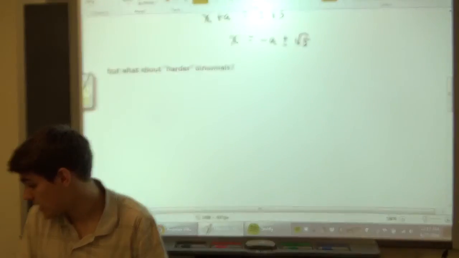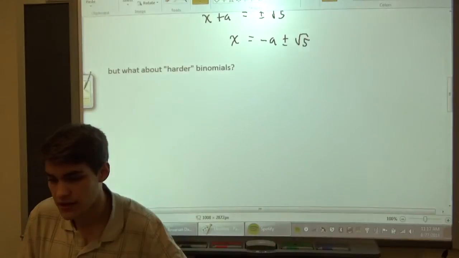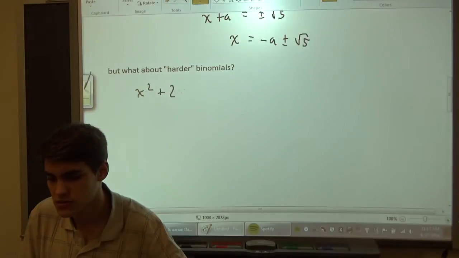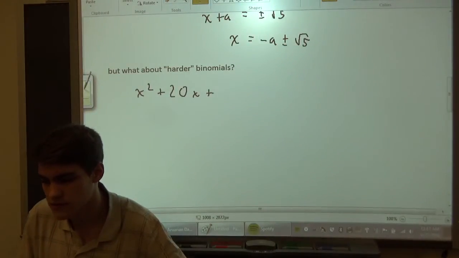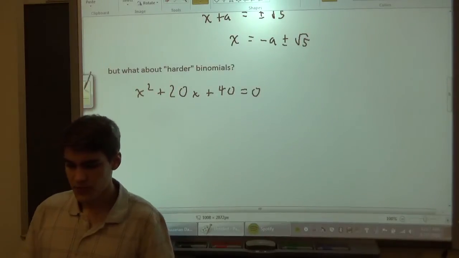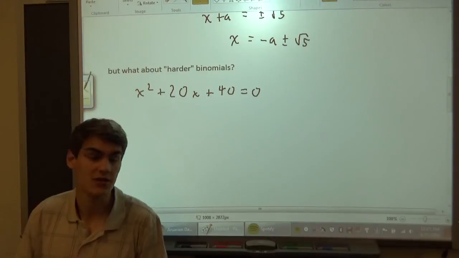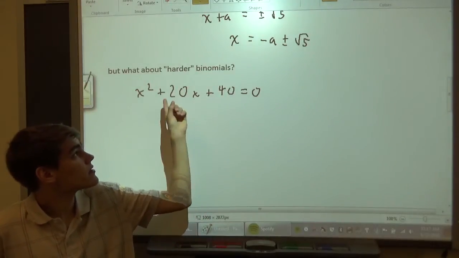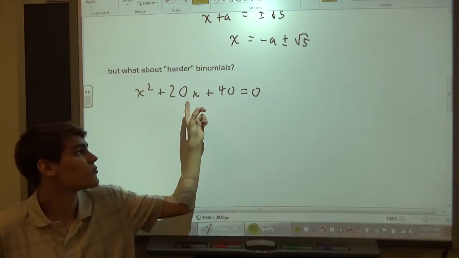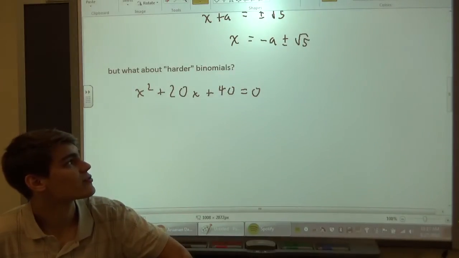So as an example, let's look at x squared plus 20x plus 40 is equal to 0. Okay, so you can't factor this because what multiplies to give 40 and adds to give 20? Nothing, right? Unfortunately.